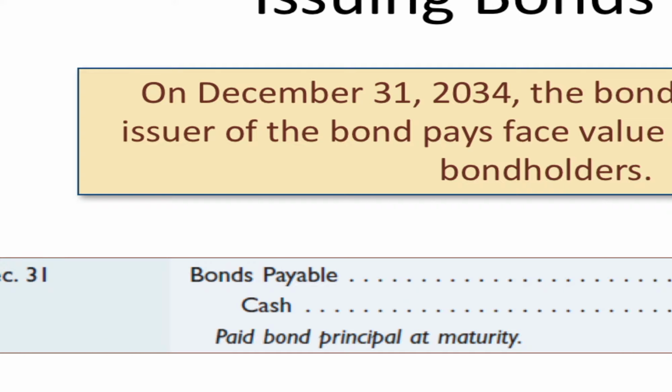Then once the bonds are ready to be paid off completely, we've paid all the interest, all that's left is we have to pay back the principal, which is sitting as a liability right now, credit balance in our balance sheet. So we want to debit that to get rid of it. That would now be 0, and we would credit cash for the amount that we paid. Again, just like any other liability.